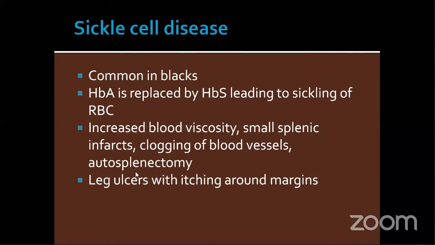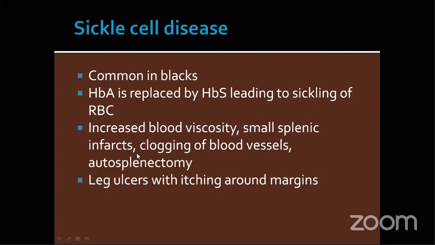Coming to the sickle cell disease, okay, it is more common in blacks. The HbA, the adult hemoglobin, is replaced by HbS, leading to the sickling of RBCs. So there is increased blood viscosity, and these sickle cells, okay, they have tendency to block the vessels, small splenic vessels especially.